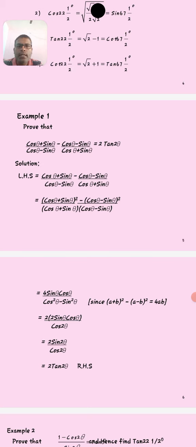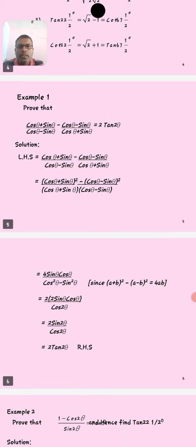We have to take the LHS part and do the LCM. We get (cos theta plus sin theta) whole square minus (cos theta minus sin theta) whole square divided by (cos theta plus sin theta) into (cos theta minus sin theta). Using the formula (a plus b) whole square minus (a minus b) whole square, that is, we get 4 sin theta cos theta divided by cos square theta minus sin square theta.